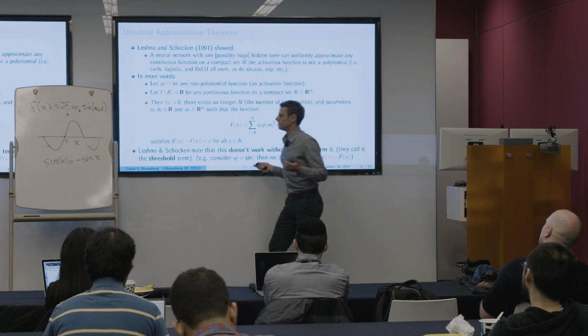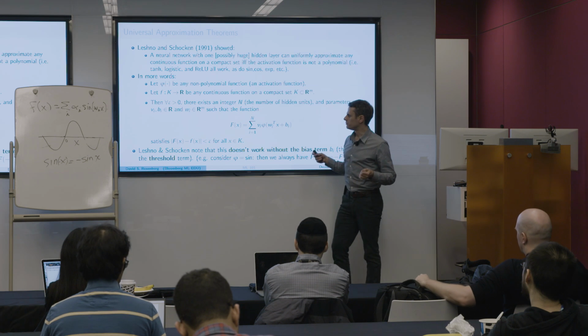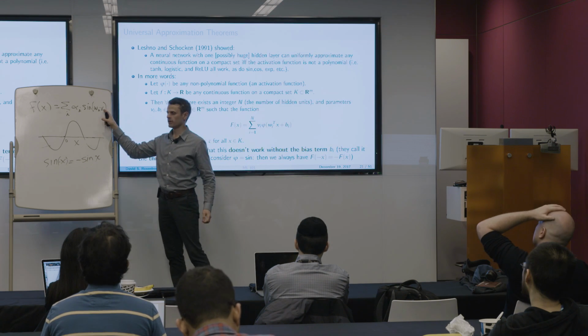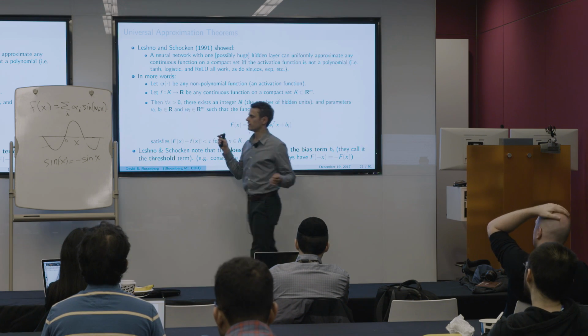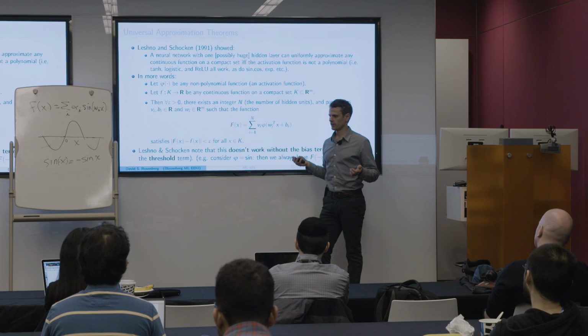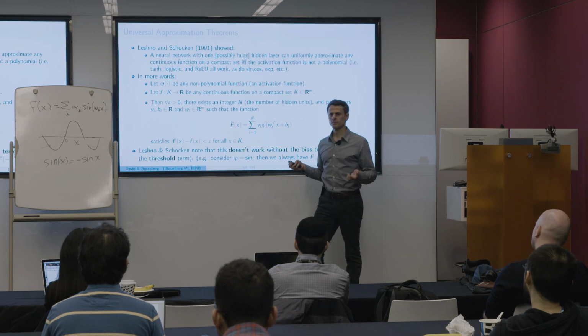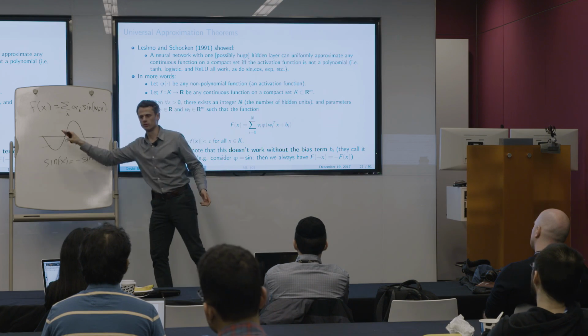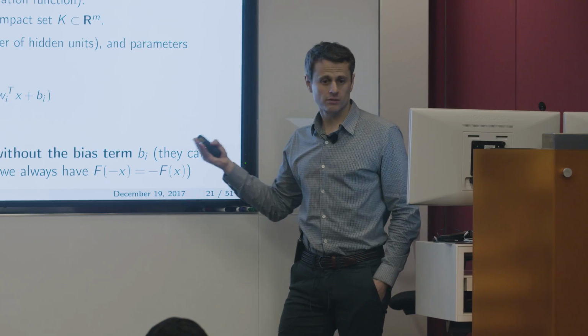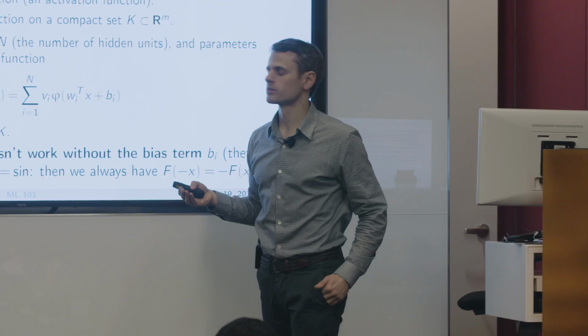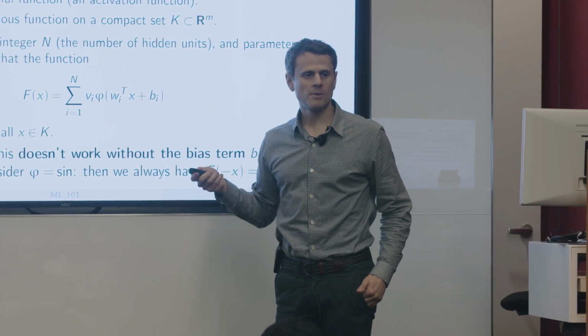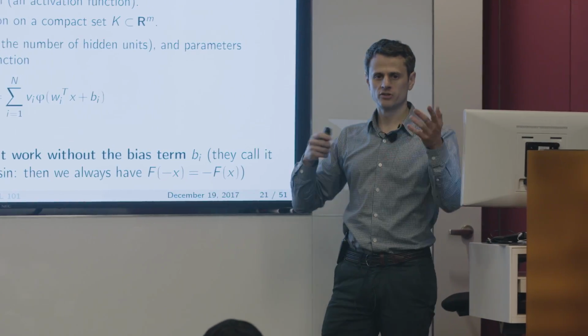The point is that if you don't have a bias term, an offset term that you can adjust, then you can only model functions that are odd, symmetric about the origin, and there are lots of functions we want to model that aren't. So, all right, that's regression with multilayer perceptrons. Let's talk about classification. Make sure we can do both sides.